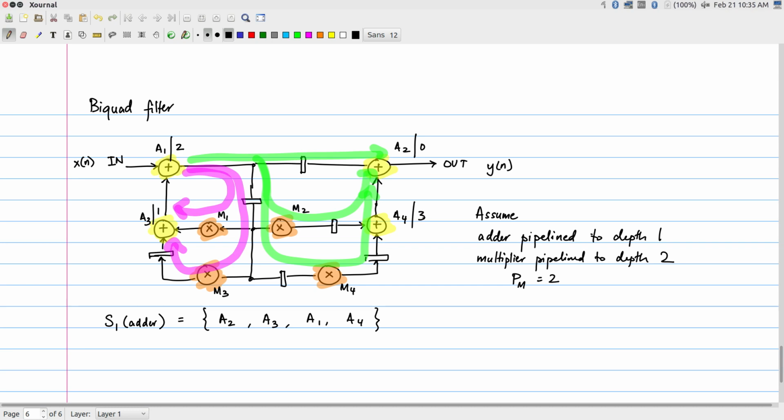Okay, so both the notations that I have given here, where I put that bar and a number after it, as well as this set or list notation, both are conveying the same information.